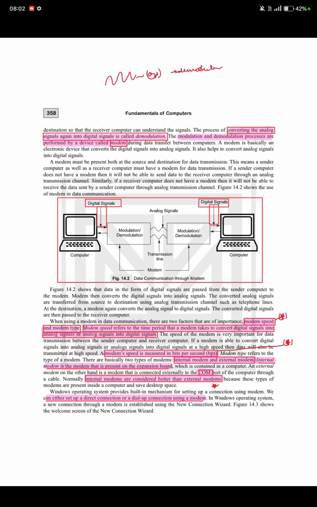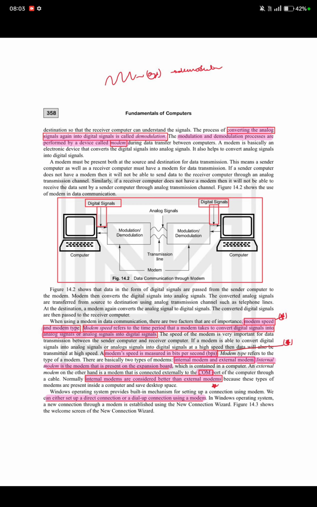Modem speed and modem type. Modem speed refers to the time a modem takes to convert digital signals into analog signals or analog signals into digital signals. It is measured in bits per second (bps). Modems are of two types: internal modem and external modem.